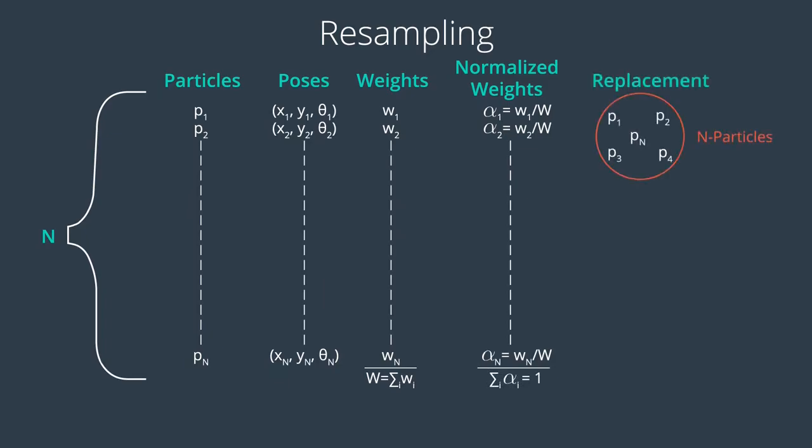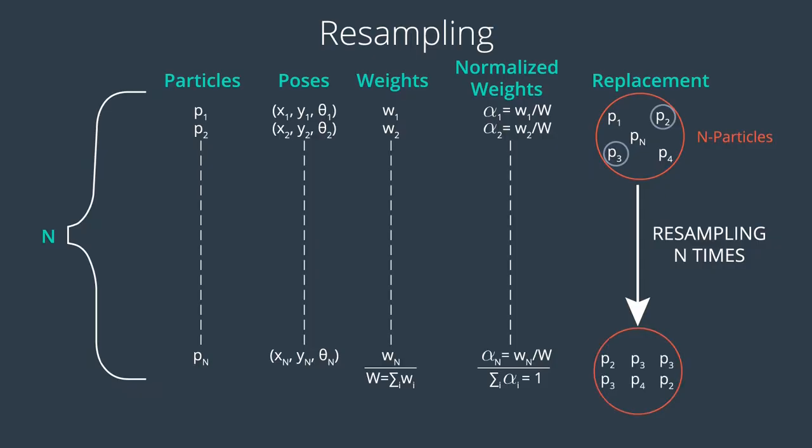The resampler will group all n normalized weights in a bag. Let's assume that particles 2 and 3 have large weights. The resampling process will happen n times, picking a particle from the bag every time. By the end of the resampling process, there will be the same n number of particles as there were originally, but which particles stay or go will change.